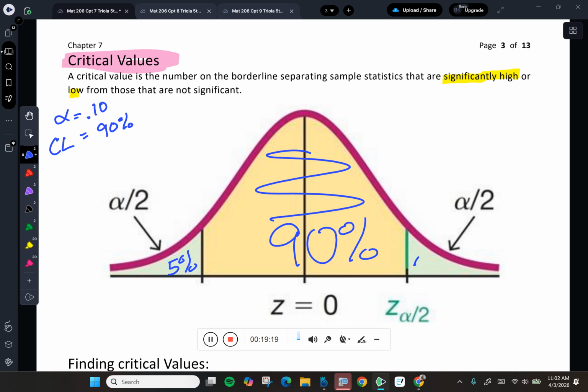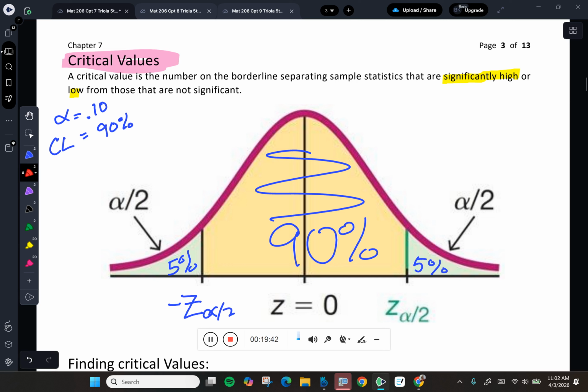Now, where did 5% come from? Well, if there's 90 in the middle and this interval is symmetric, so that this value is negative z alpha divided by 2, right? The interval is symmetric, the curve is normal. If 90 is in the middle, then the other 10% is the two tails.